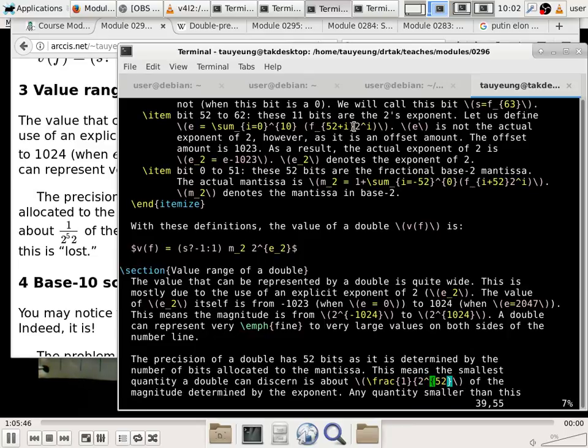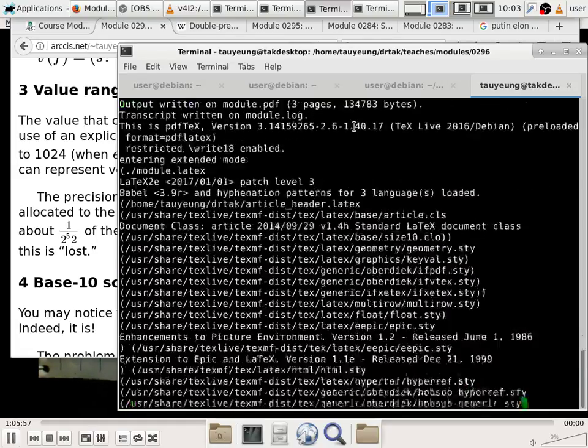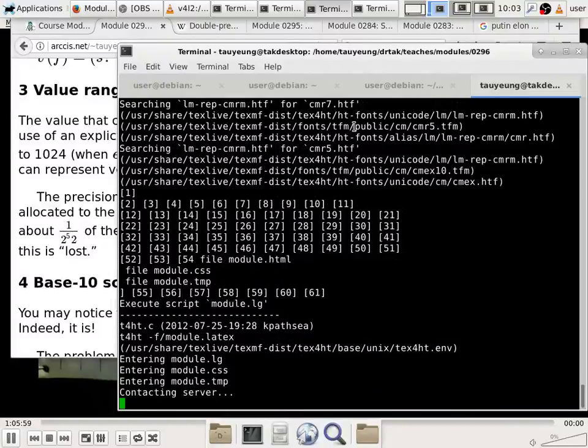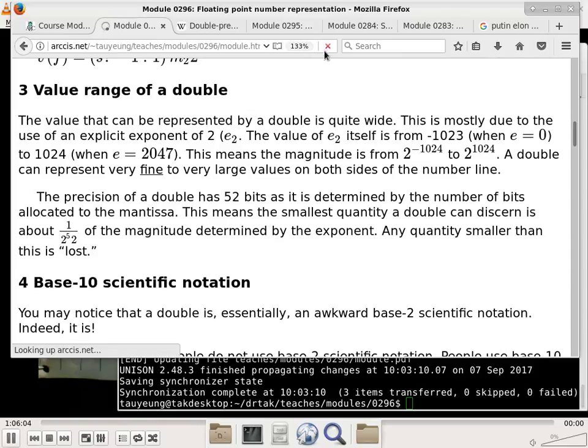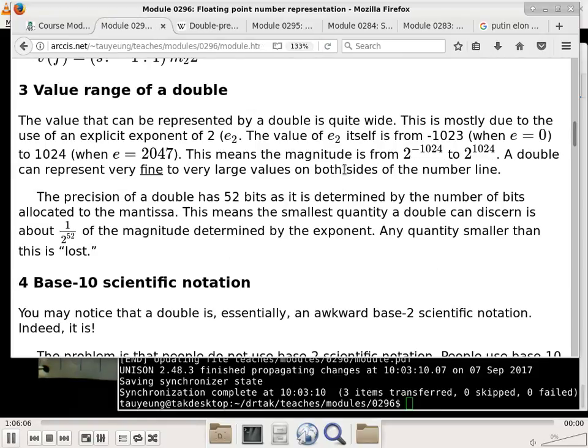So we just need to add curly braces around it, so we are grouping 52 as one single thing to be in superscript. Oh, that's the only occurrence. That's good. We publish. All right, done. Okay, so that works.